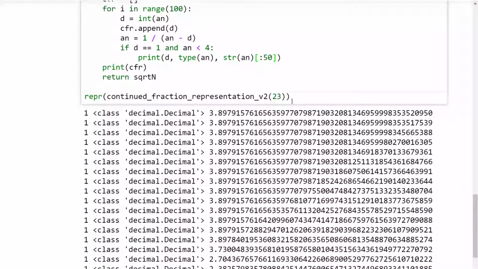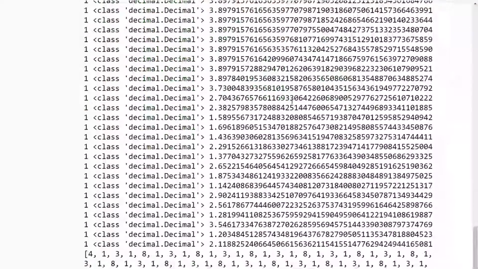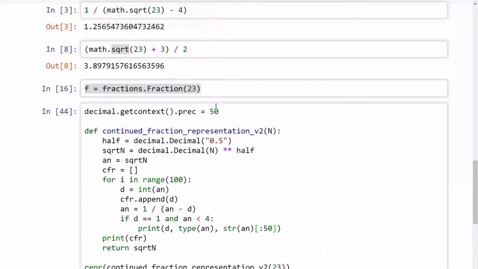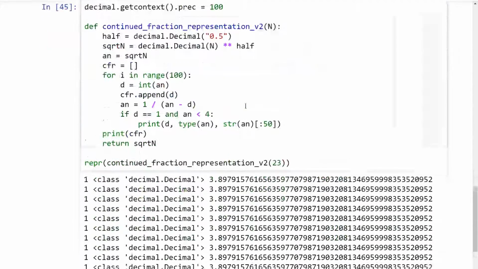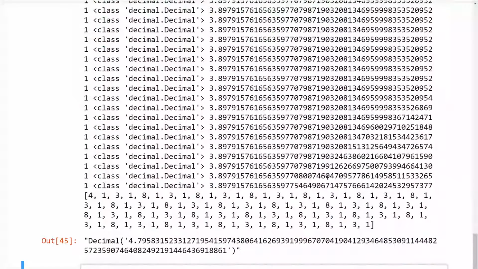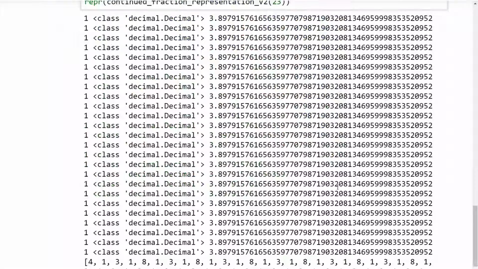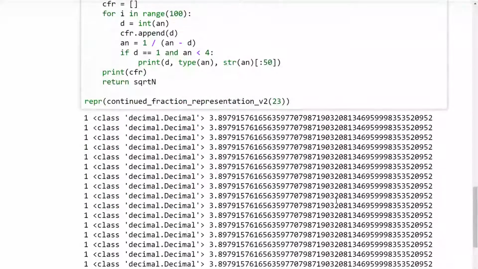Okay, so here we have some limit on this stuff, and let's crank it up. So we're delaying the inevitable, but we can delay.